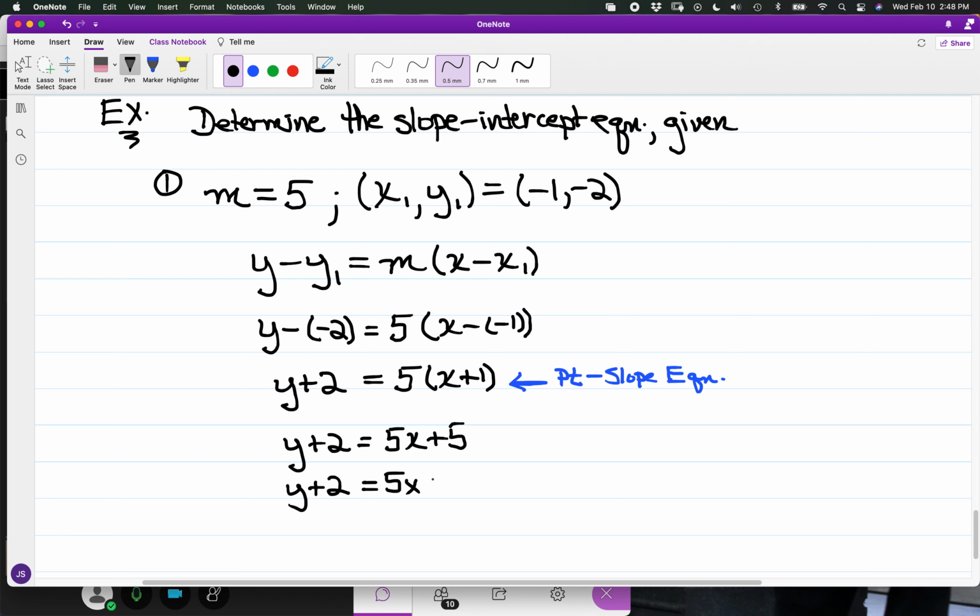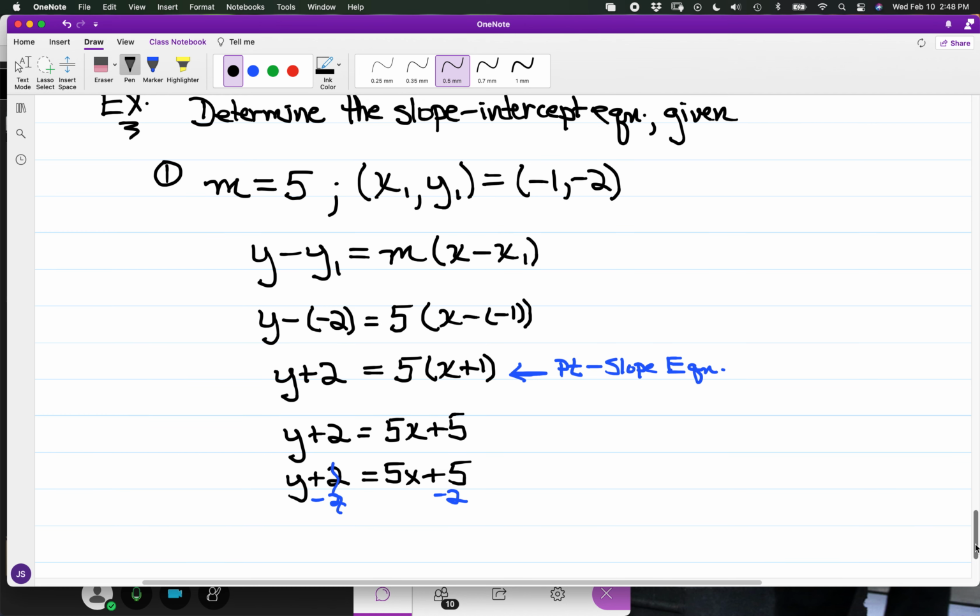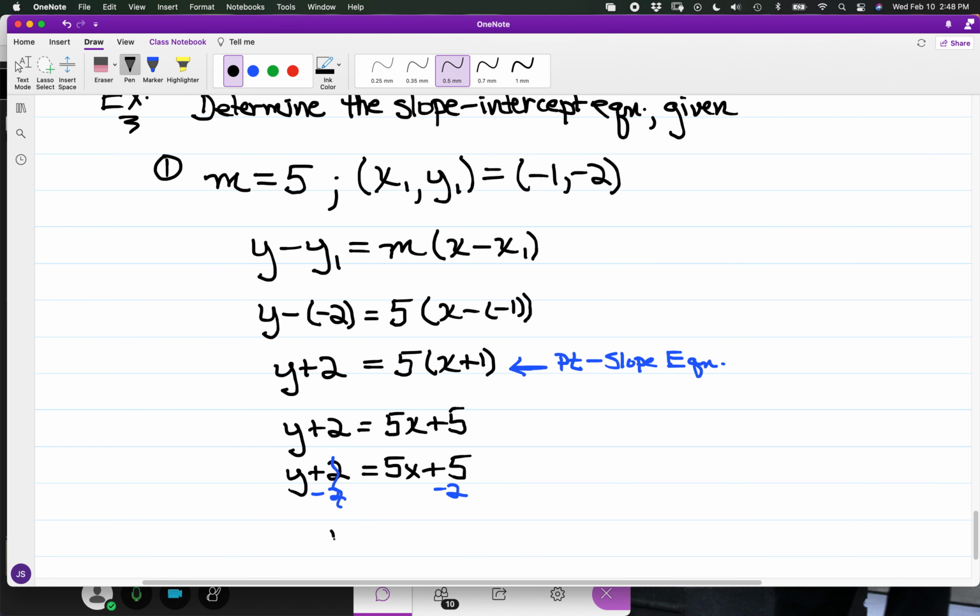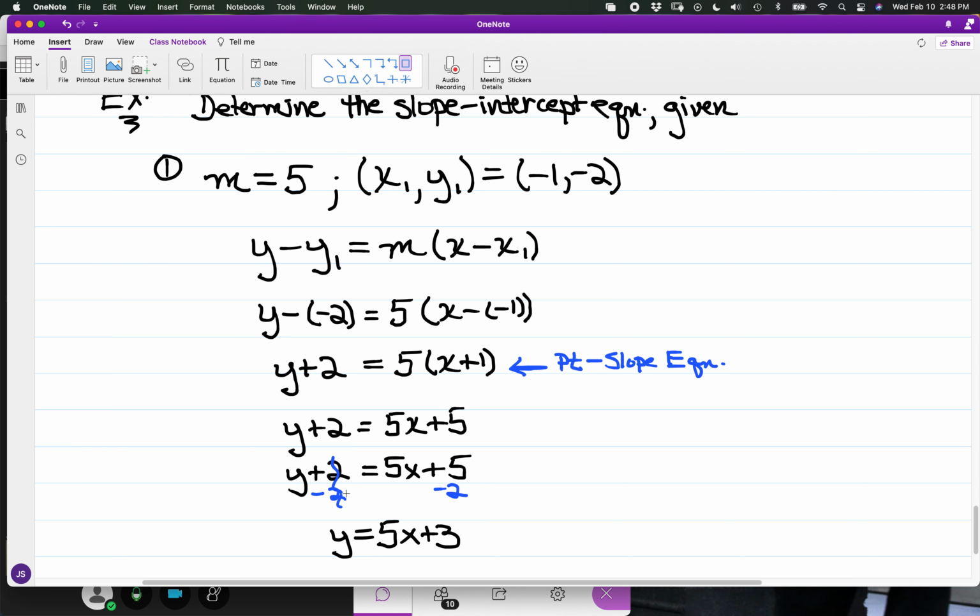Taking 2 away from both sides, we're going to have that y is equal to 5x plus 3. So this is the slope-intercept equation.